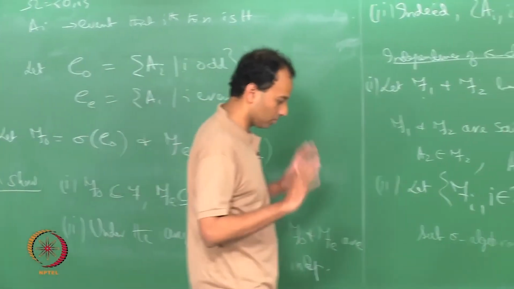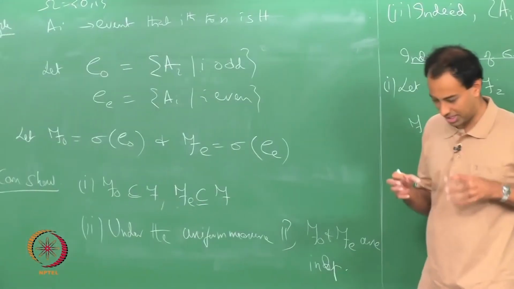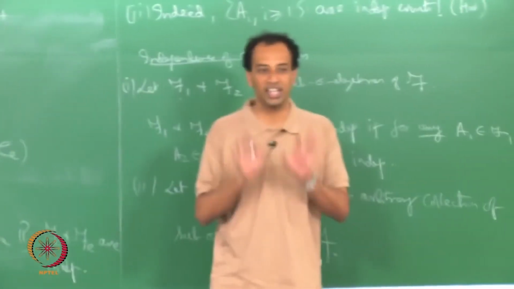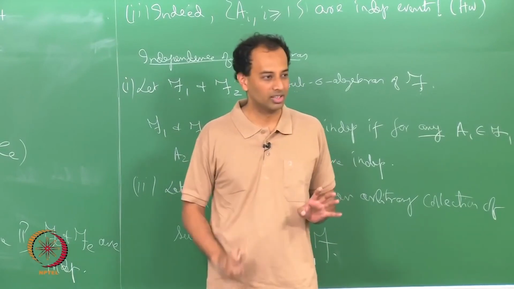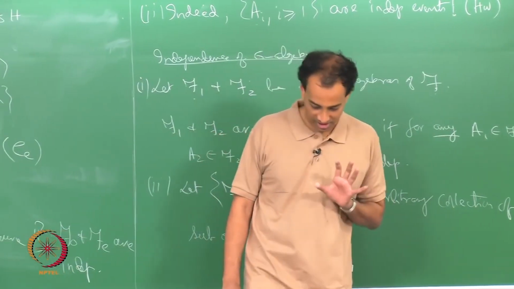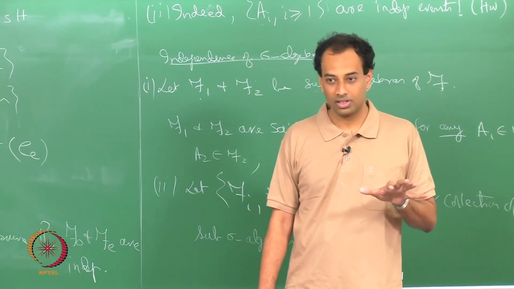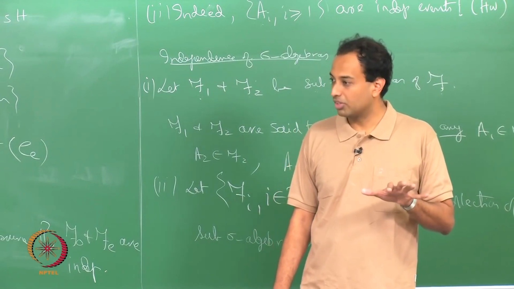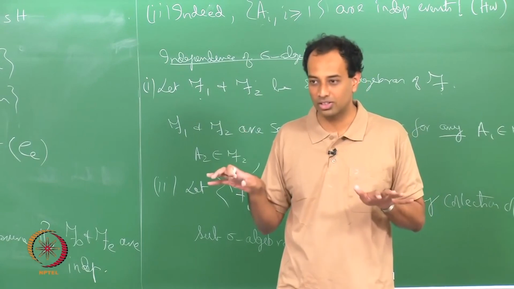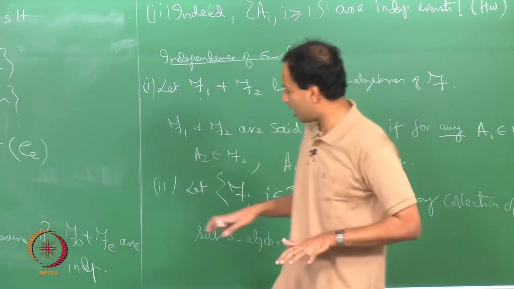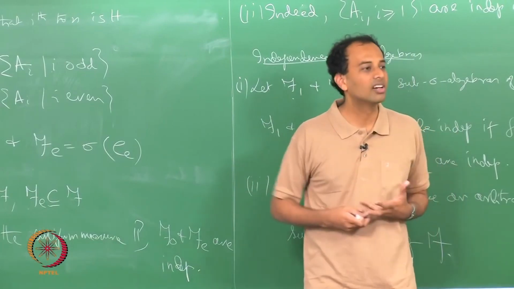If you have a collection of sets closed under finite intersections, only finite intersections, no complements, no countable unions, and you verify independence for that collection of events alone, it is enough to say that the sigma algebras generated by these collections are independent.